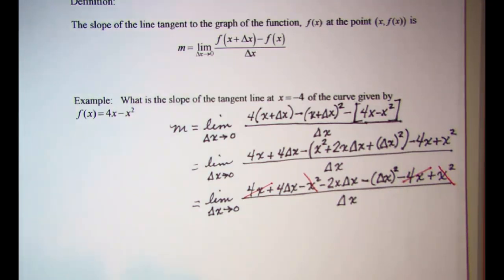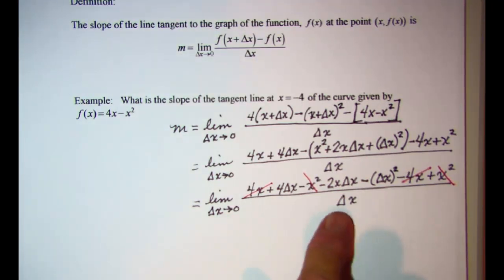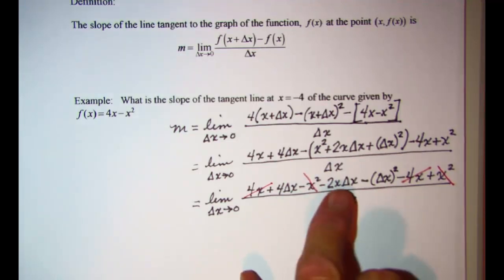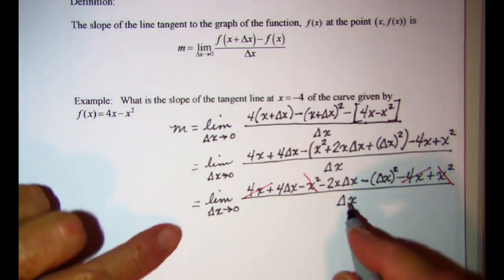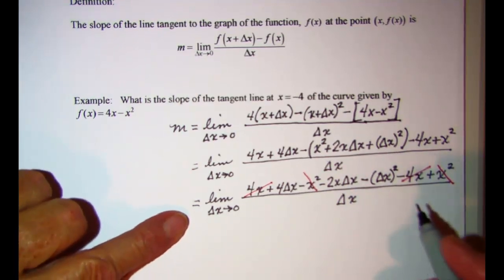Now the thing about finding this limit as delta x approaches 0 is that I can't do a direct substitution in here as it is, because you can't divide by 0. So what I would like to do is look at each of these remaining terms and see if there's a delta x that I can factor out and then cancel with the one in the denominator.